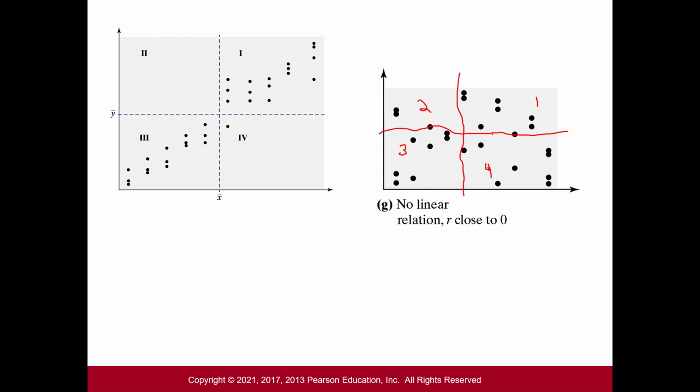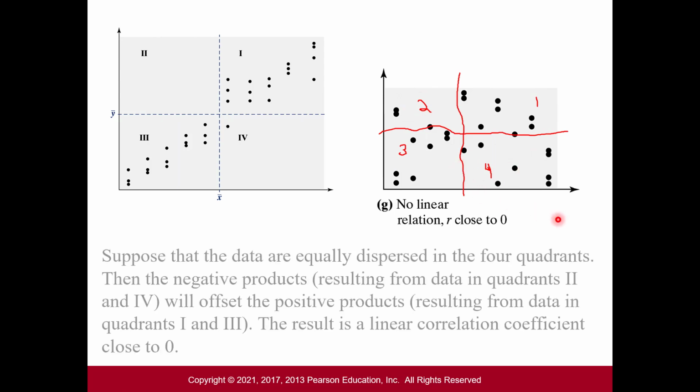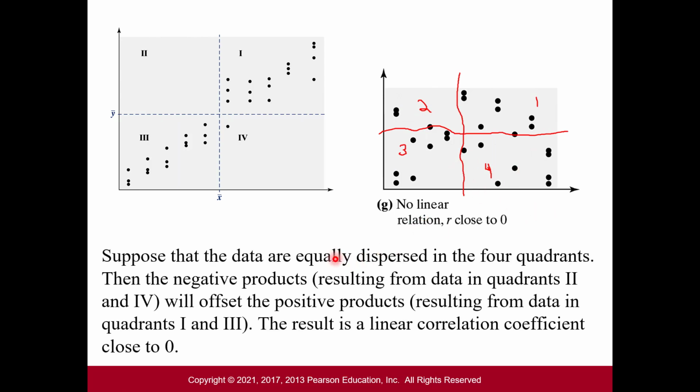And so what's happening is your values are equally negative and positive. Everything's positive here when you multiply. Everything's positive here when you multiply. But then in quadrants 2 and 4, everything's negative when you multiply. And so all that combines and adds up to give you 0. So anytime the data is equally dispersed about the 4 quadrants, then our linear correlation coefficient is close to 0. So that's a little bit of mathematical reasoning for the r values.